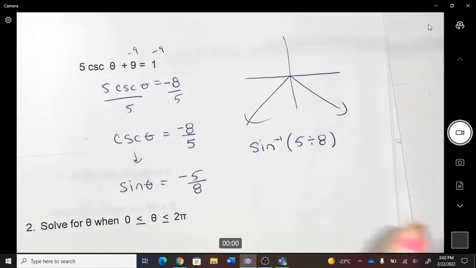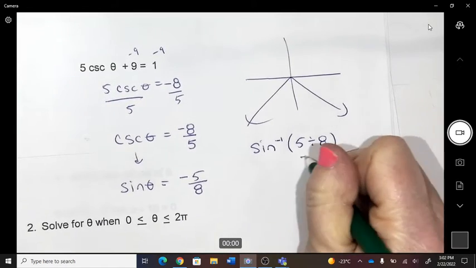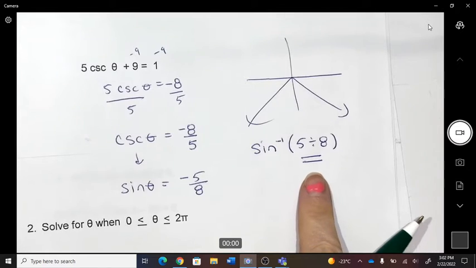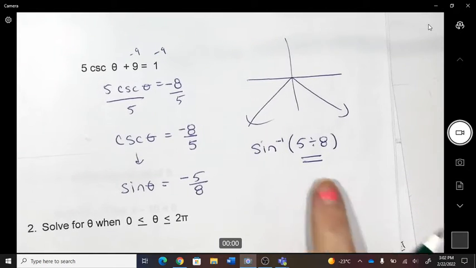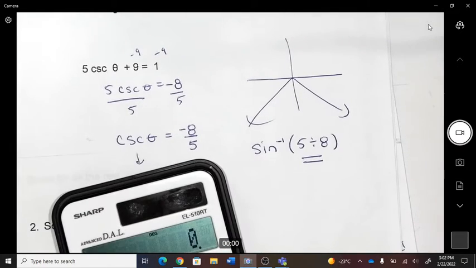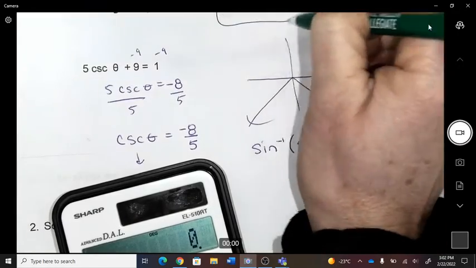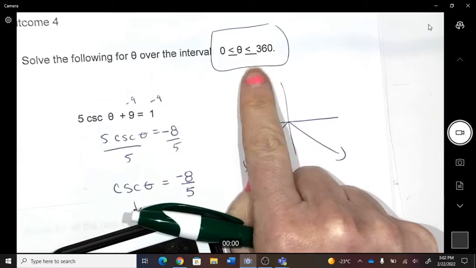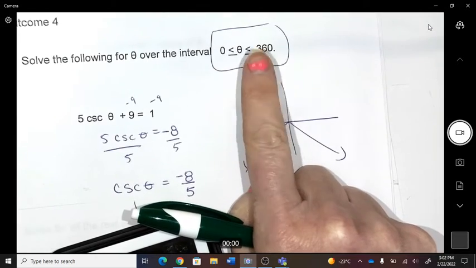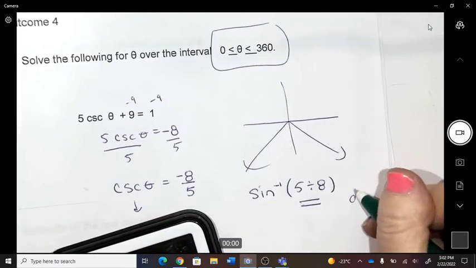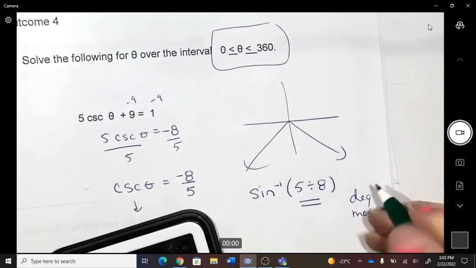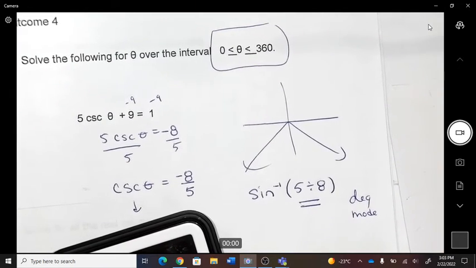So that's why I'm going to my calculator. We don't type the negative in there. And what mode should I be in? What does my answer tell me I should be in? What does my domain say? Degree mode? Okay, so that's what I'm doing.